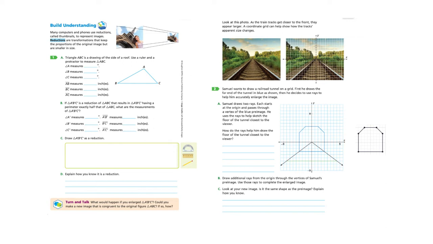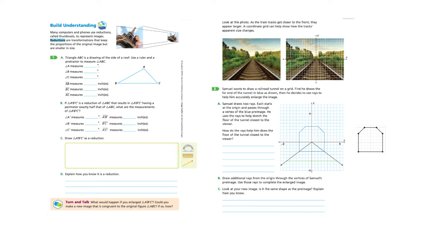So that makes sense. Number 1, triangle ABC, is a drawing of the side of a roof. Use a ruler and a protractor to measure triangle ABC. So here they want you to measure the angles within the triangle, and then they want you to measure, using your ruler, the segments AB, BC, and AC.